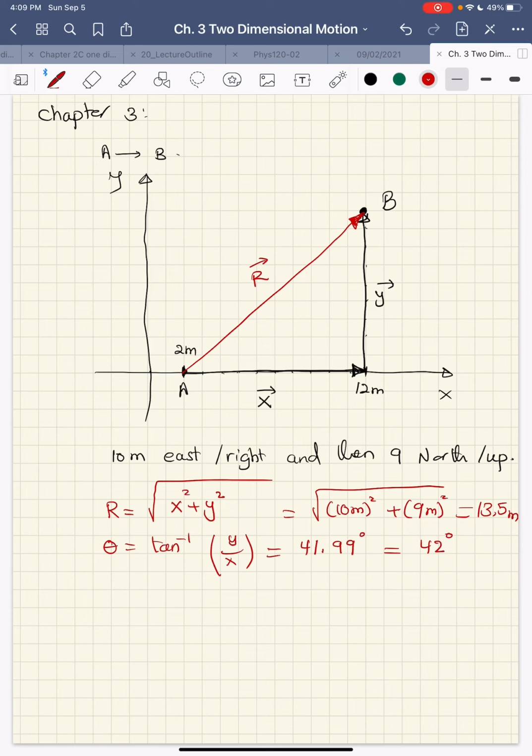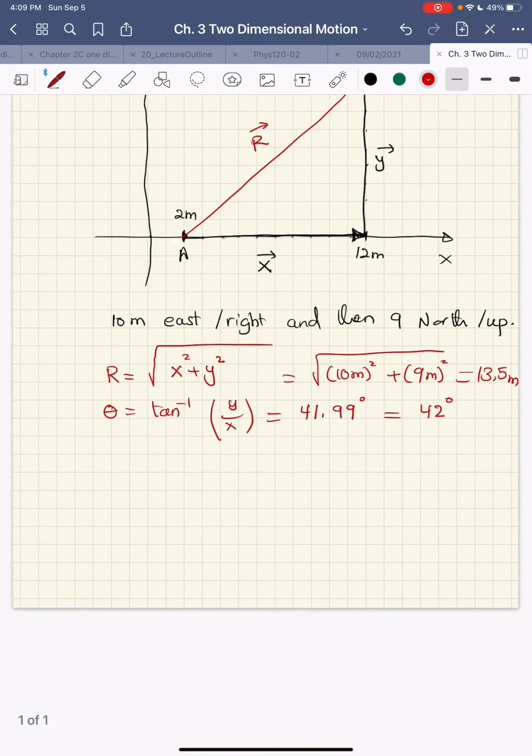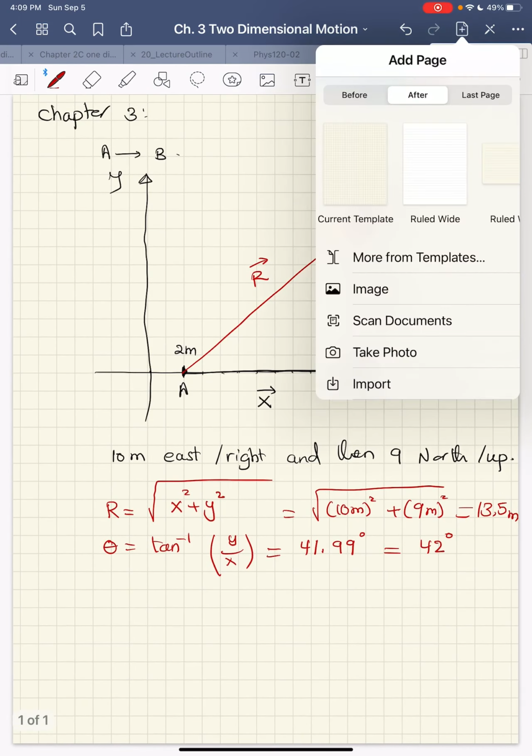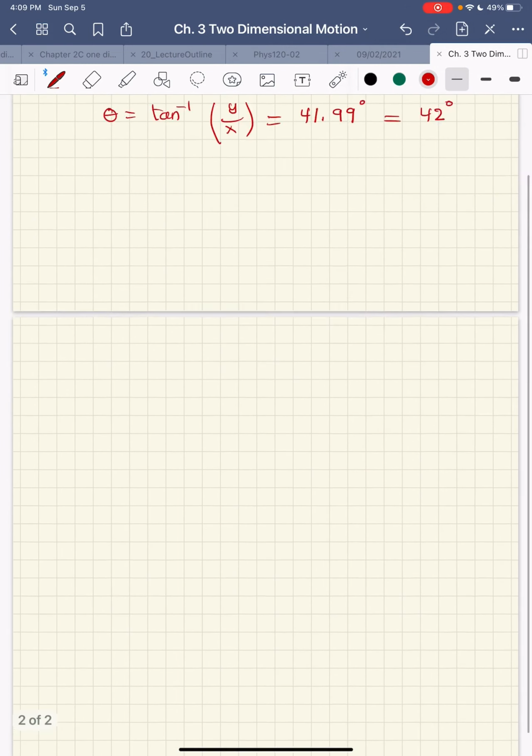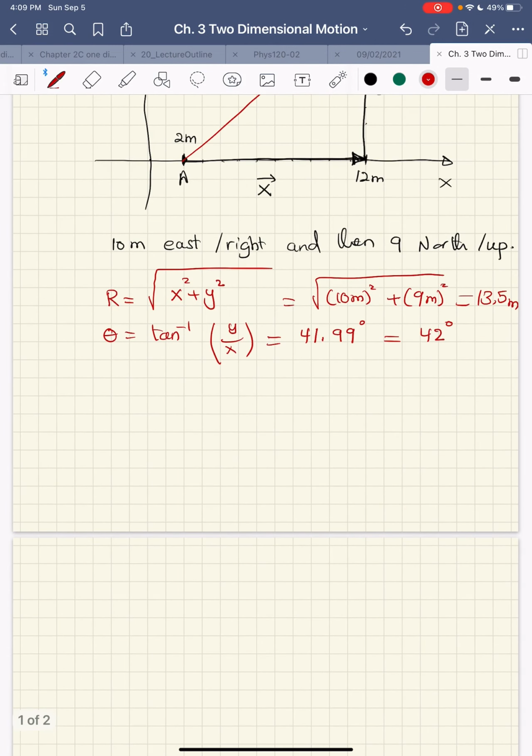All right, now I will say here that I can replace the two vectors x and y by r, or I can go x and then y. Then these are really two equivalent vectors.